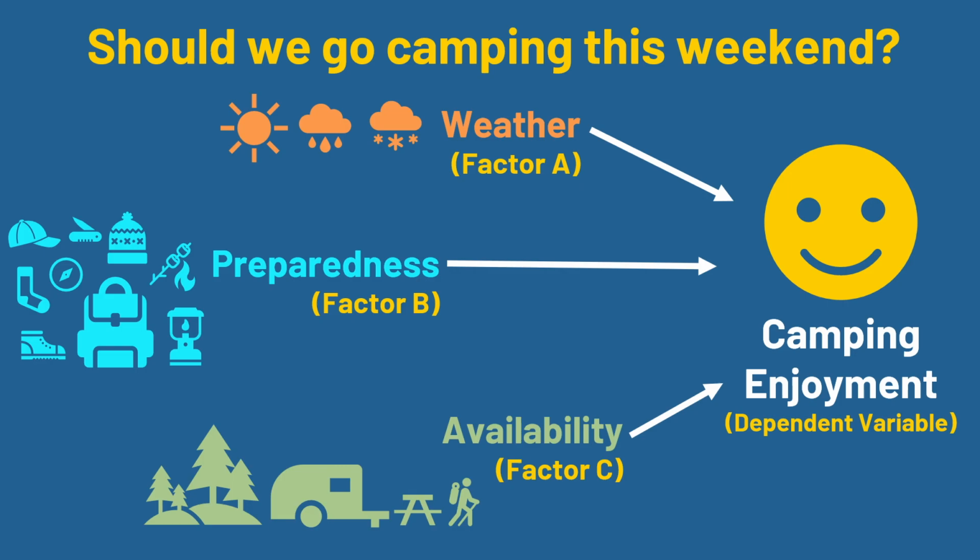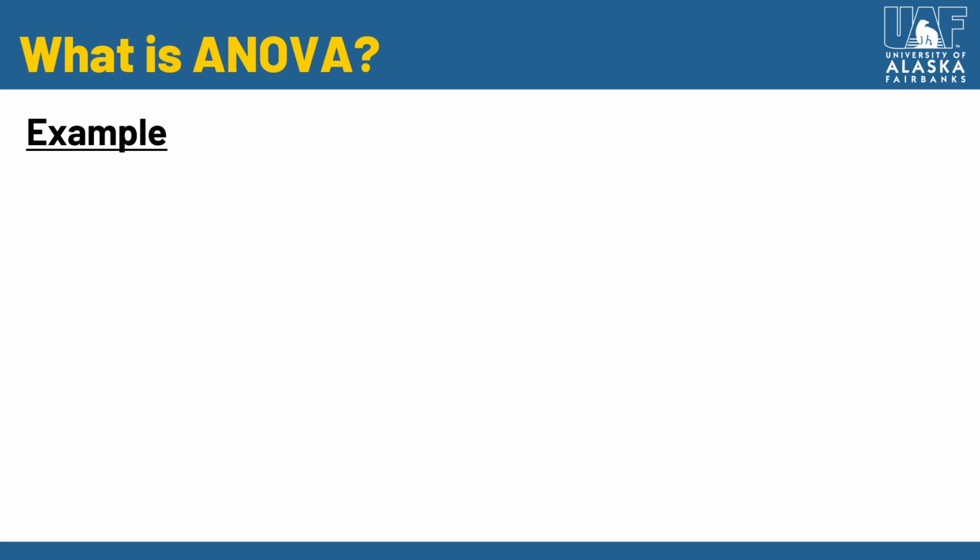This would be a weird one to have any sort of measures for, but hypothetically, if this was an ANOVA and camping enjoyment was our dependent variable, these are some examples of factors or independent variables that might affect that dependent variable, such as the weather, our preparedness, our availability, right? A basic example, but hopefully this helps to explain a little bit more of what we mean when we talk about factors and statistics in this class.